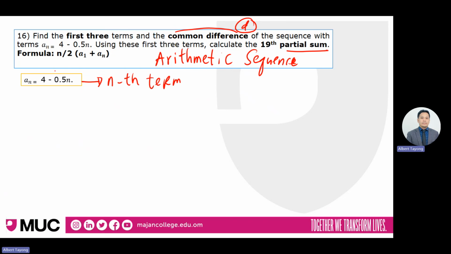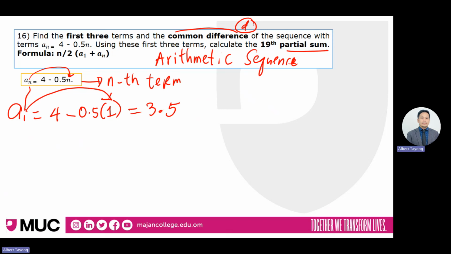That is a sub n equals 4 minus half, or 0.5, of n. So basically our first term is 4 minus 0.5 times 1. Because we change our n to 1, this will also be 1. These two should be equal. So 4 minus 0.5 is, of course, 3.5.